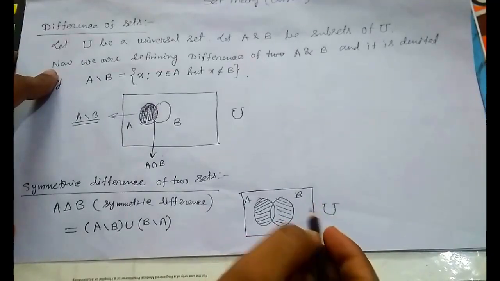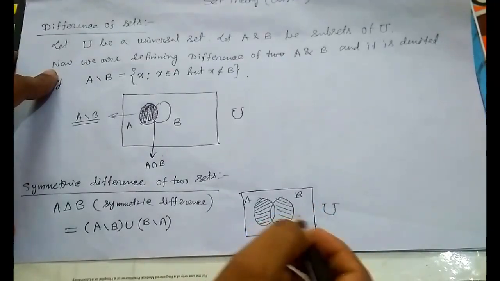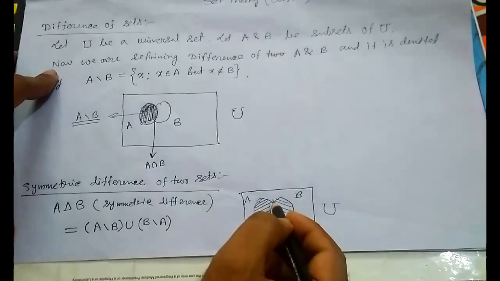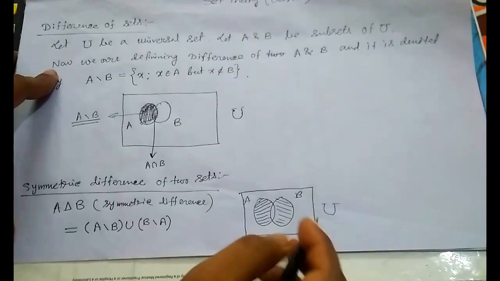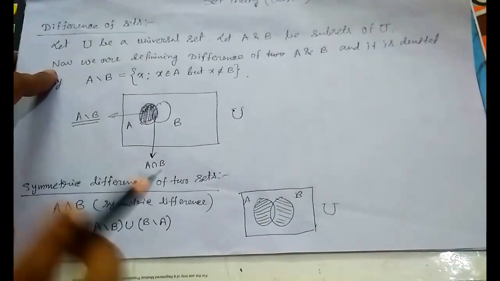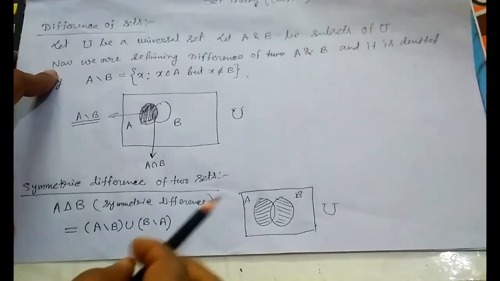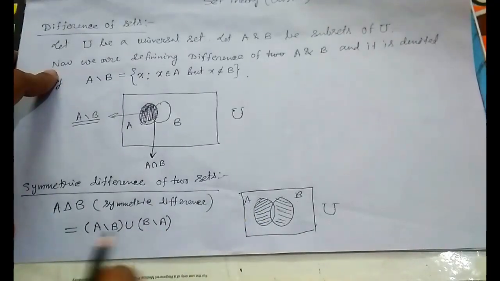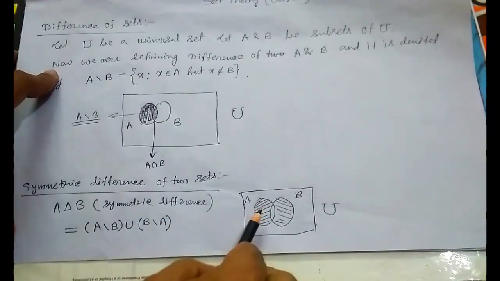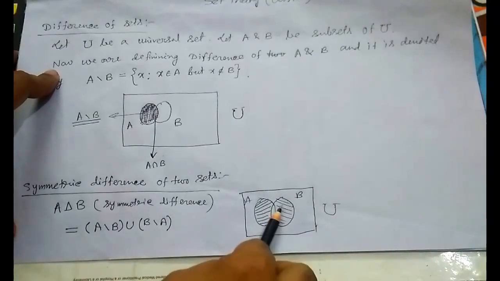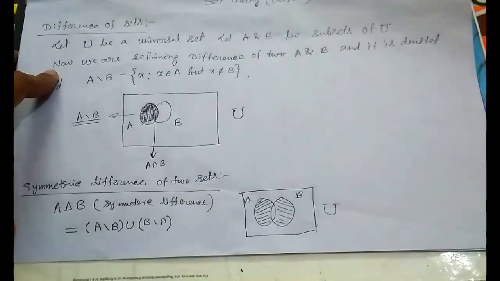Now observe that we are eliminating the intersection part from this diagram. So the symmetric difference of two sets A and B is defined by A minus B, that means this shaded region, union B minus A, that means this shaded region.